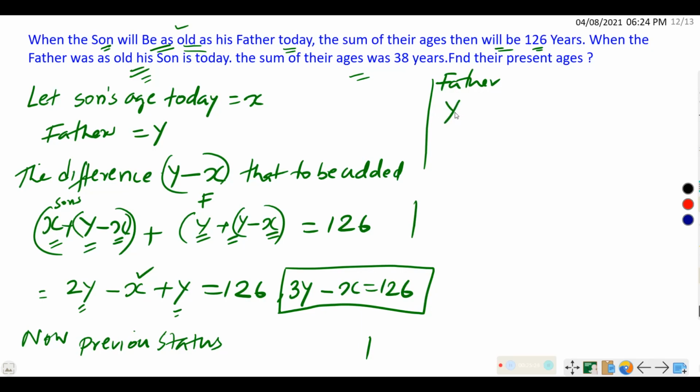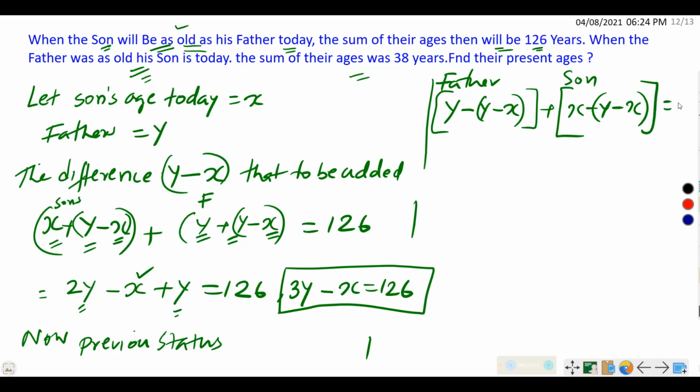So y is father's age now. From that I have to subtract y minus x, the difference. So you will go back to son's age. Correct? And I have to add that, whatever I get, with that of son's age at that time. That means son's age is x, उनका भी age y minus x पीछे जाएगा. And the total is equal to 38.